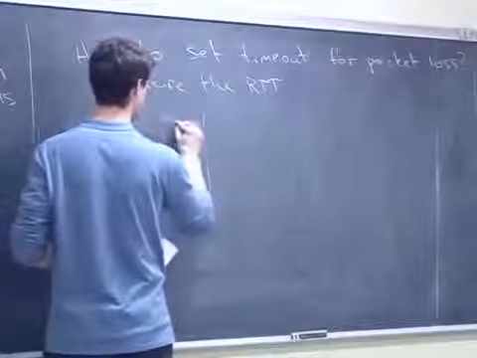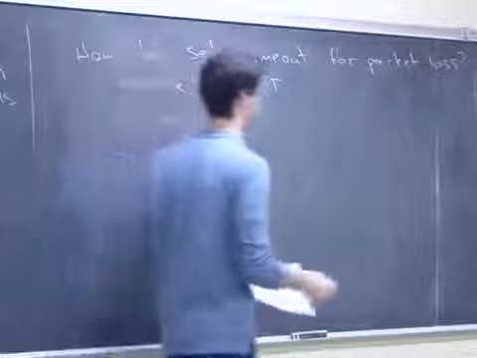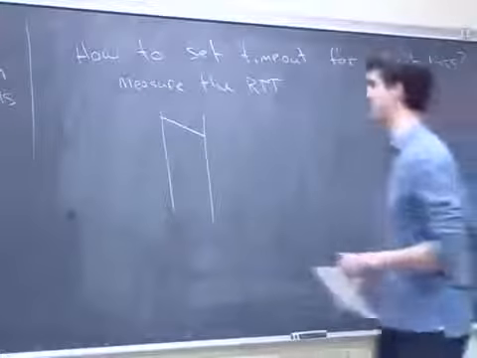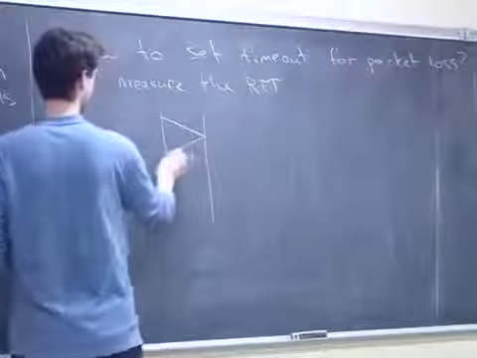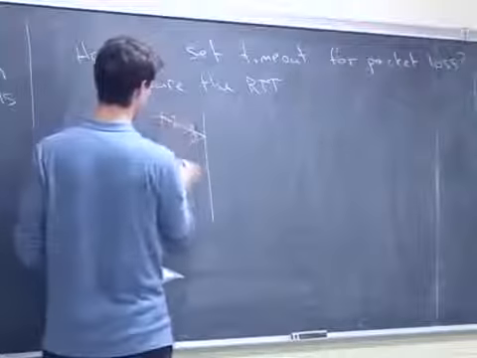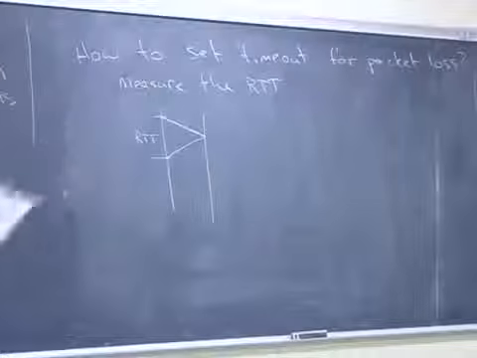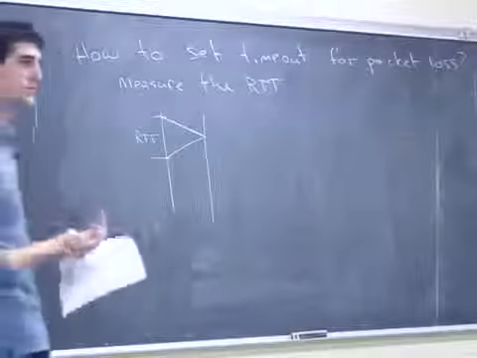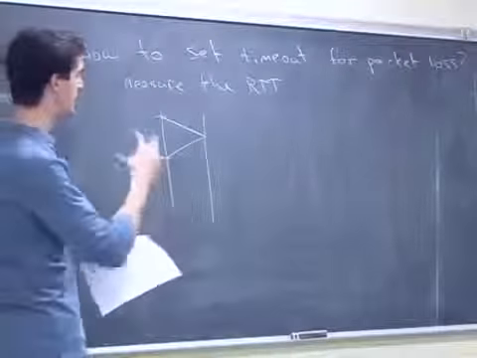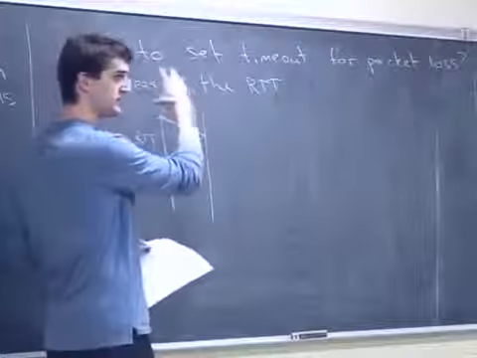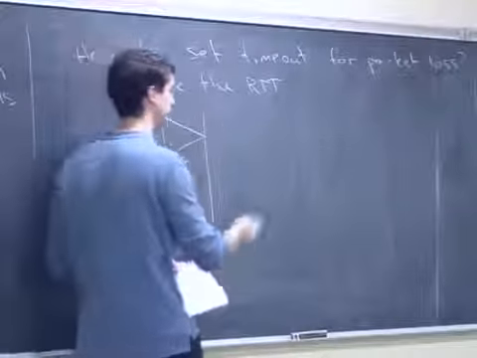So recall we have something like this. Grab a different color chalk. So we know what this RTT is here, right? And we can keep track of that. As we're communicating with the other host, we measure what the RTT is, and then we set our timeout to always be slightly longer than this.